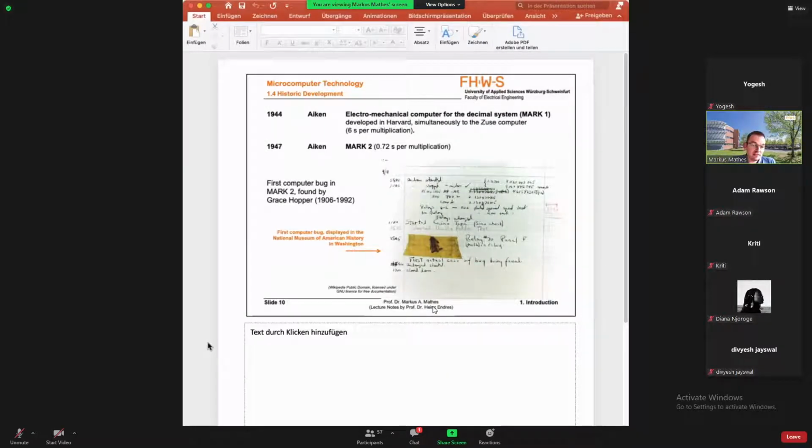So then in 1944, you see the biggest steps were done during the Second World War. The biggest steps in microcomputer development were between 1930 and 1950, something within this range.